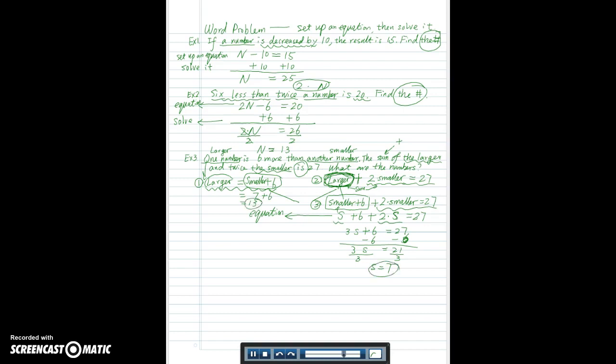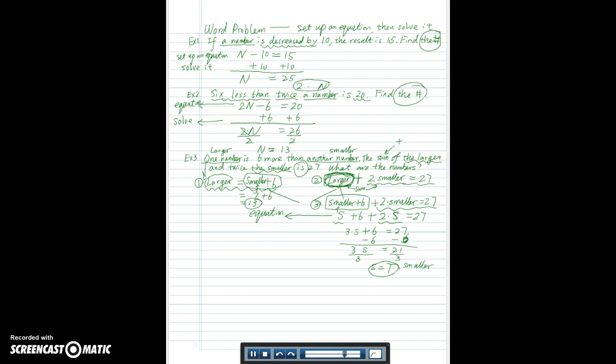So we have the answers for both numbers: the smaller is 7, the larger is 13. After we find the smaller, we plug in the 7 for smaller, and we get 7 plus 6, so we get 13 for the larger.